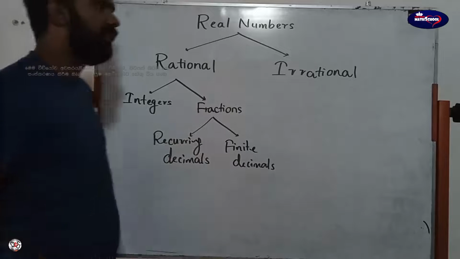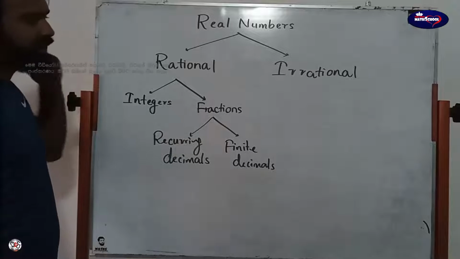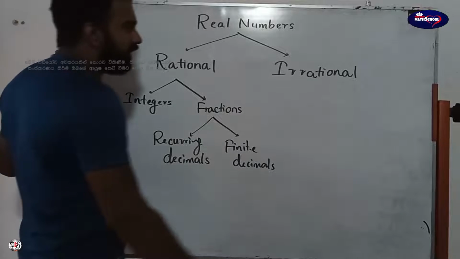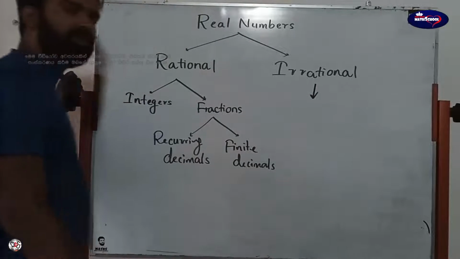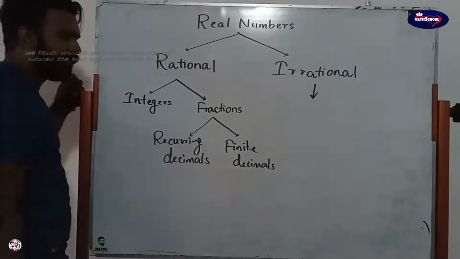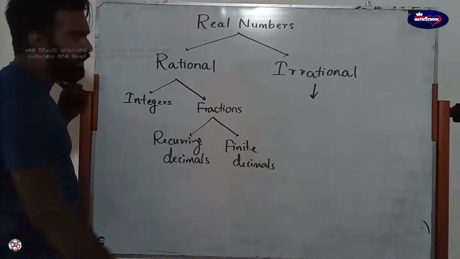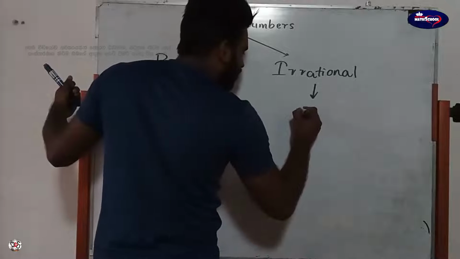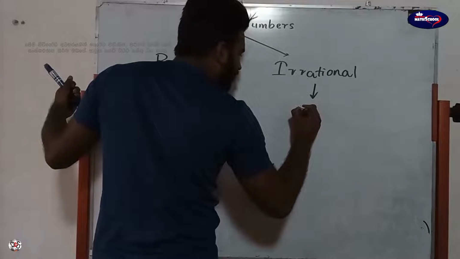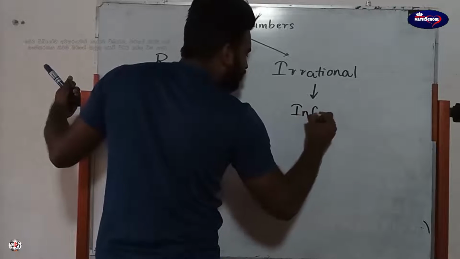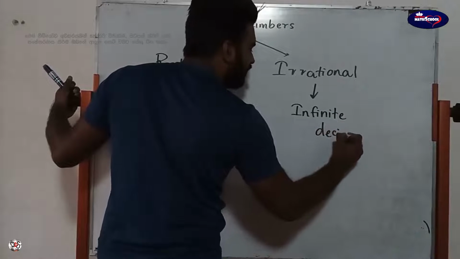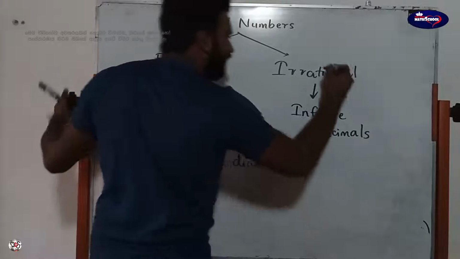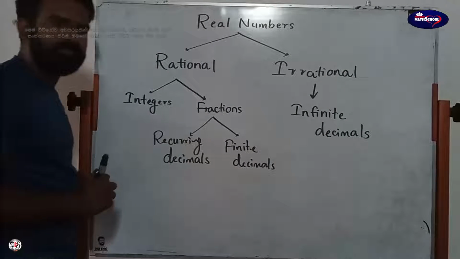In irrational numbers, we were unable to write those numbers as recurring decimals or finite decimals. The numbers we write as infinite decimals, we take as irrational numbers.